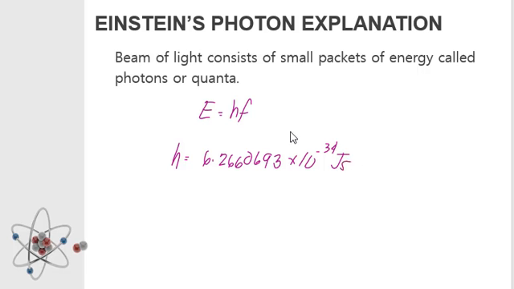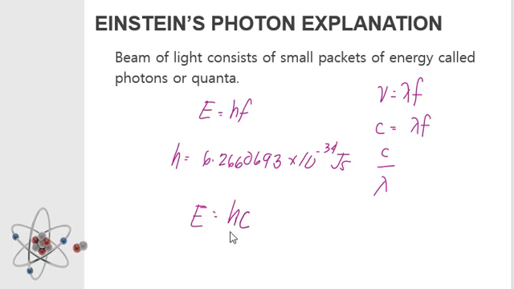And then for the energy of a photon, we have frequency. Let's recall the relationship between speed and frequency. We have v equals lambda f. And since we are referring to light, we have c for the speed of light, c equals lambda f. So frequency can be expressed as c over lambda. So the energy could now be expressed as h, the Planck's constant, times f, which is equivalent to c over lambda.